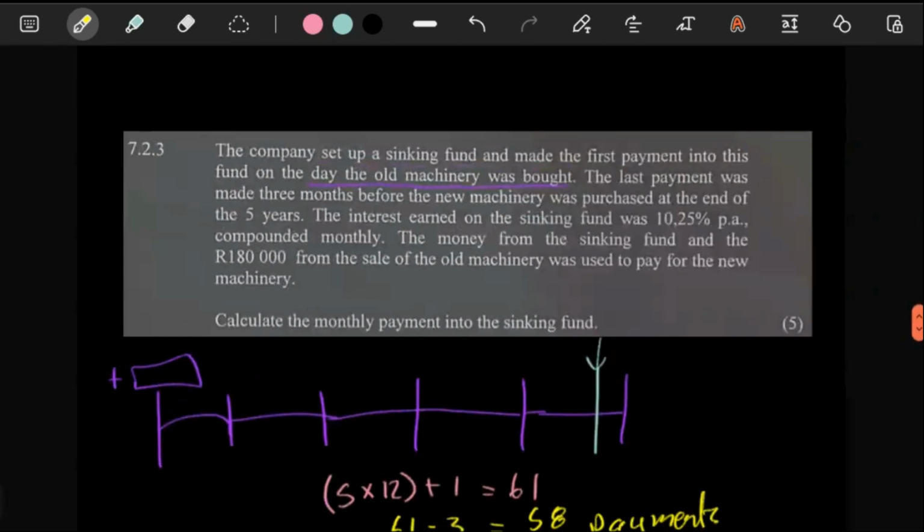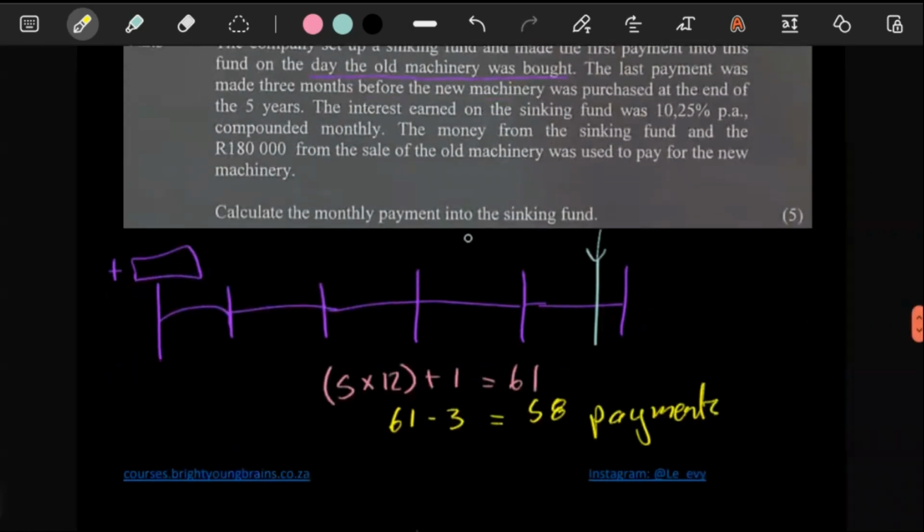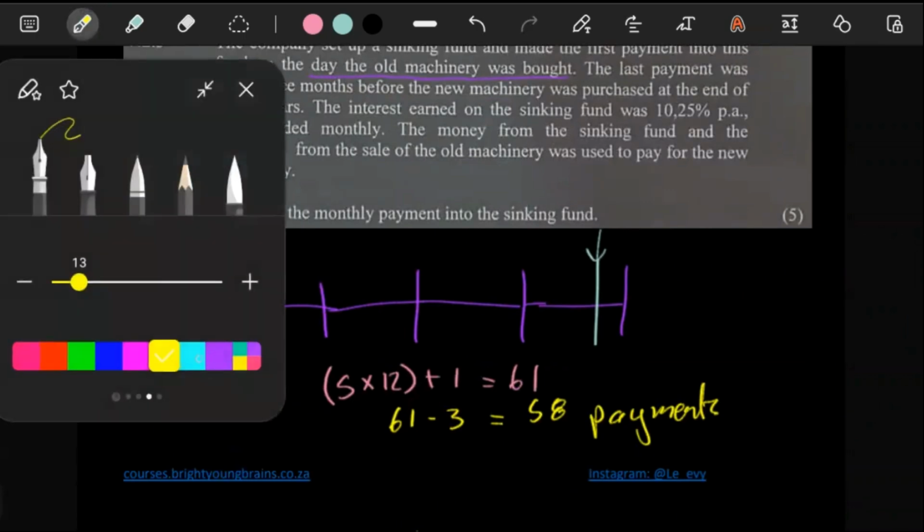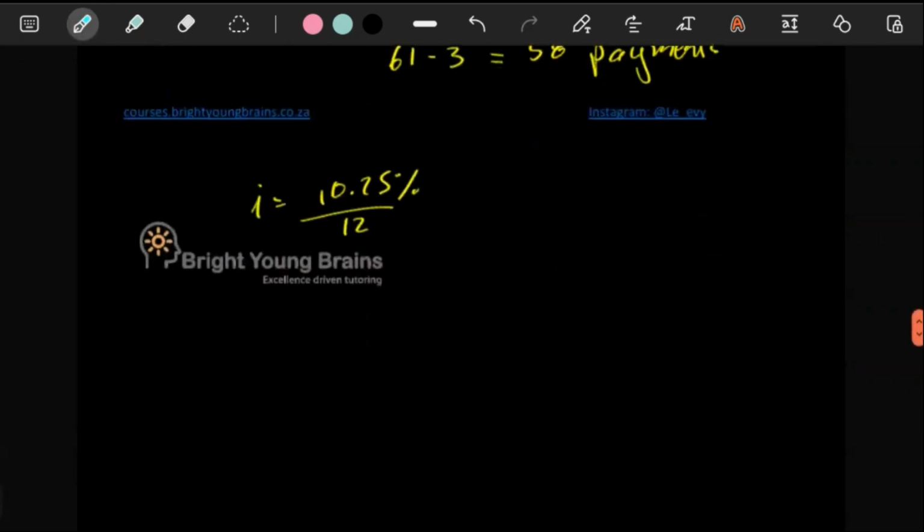And then they said here the money from the sinking fund and the 180,000 from the sale of the old machinery was used to pay for the new machine. Calculate the monthly payment into the sinking fund. Anyways, the idea is you have to work out what the sinking fund is, the value that they need to save up.